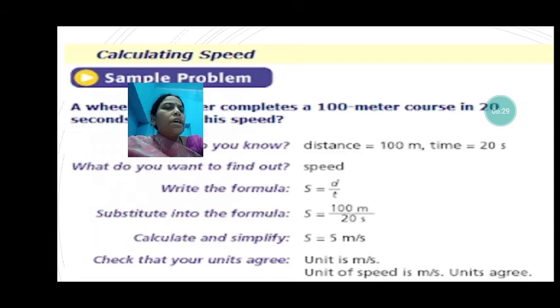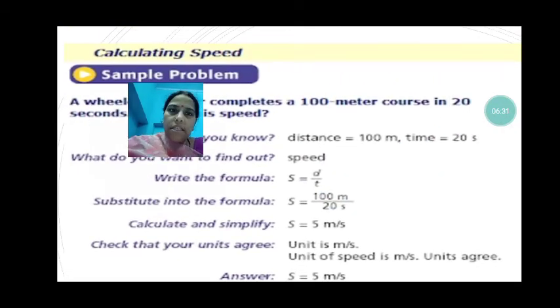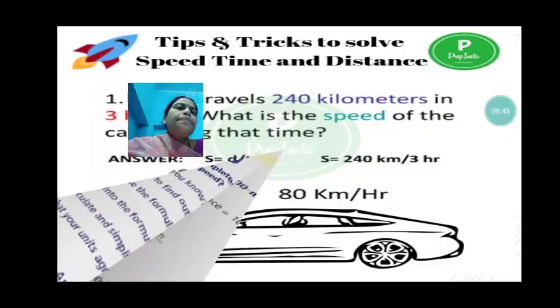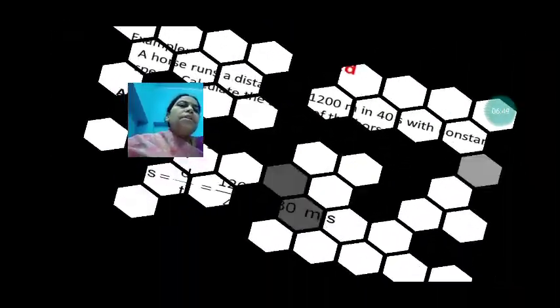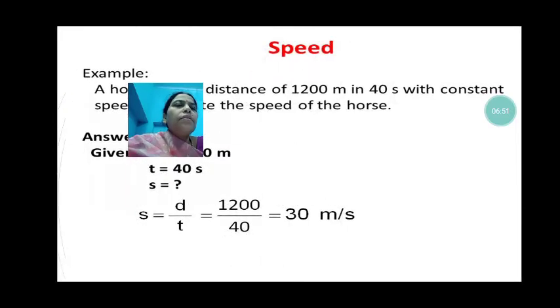You have to put the units properly. If it is asking in meter per second, calculate in meter per second. If the distance is given in kilometer and the time in hour, then calculate kilometer per hour.